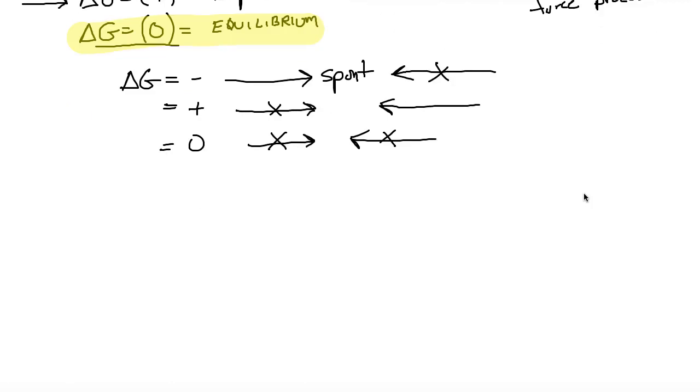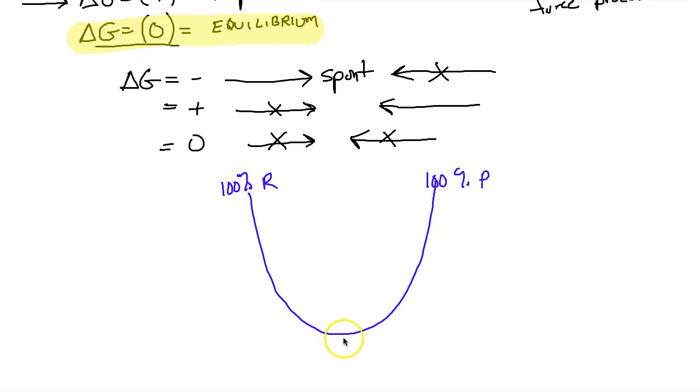And I do this because people hate this diagram, but here it comes back. Oh my gosh, Oshkosh, here is this formula. And we have 100% reactants, 100% products. And this position here is equilibrium. And I've taught you before that all reactions work toward equilibrium.